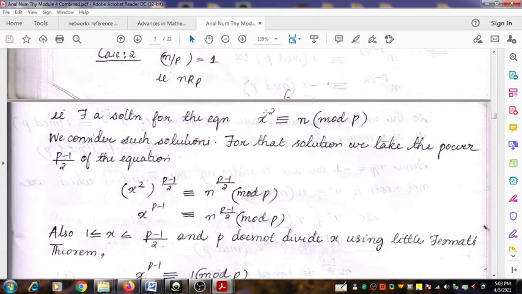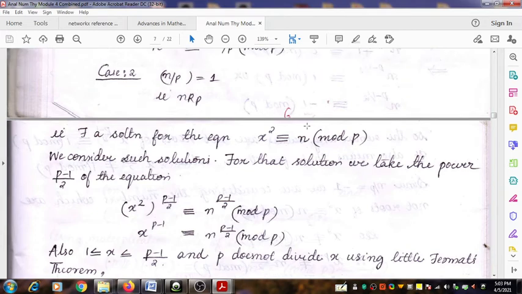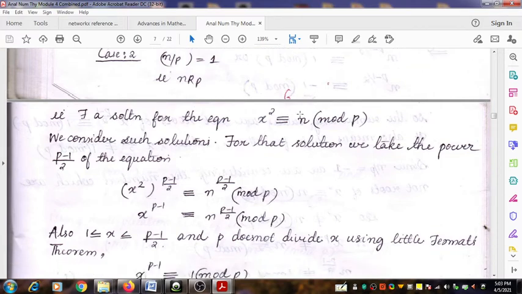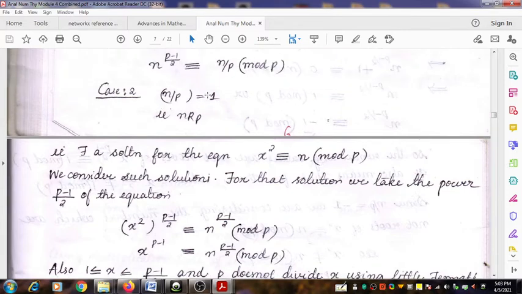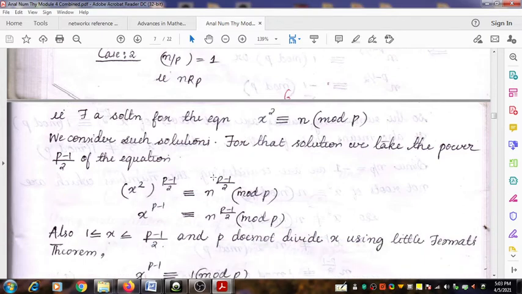We know that only when n is a quadratic residue mod p are you going to have a solution for this equation. You can recall that. So in the second case, we are considering only those n for which x squared is congruent to n mod p has a solution.